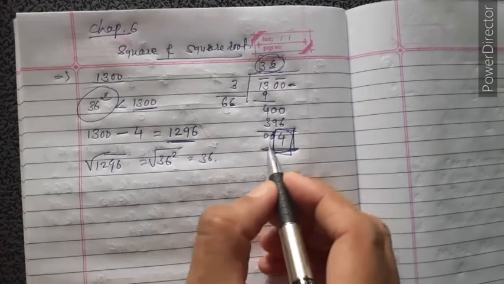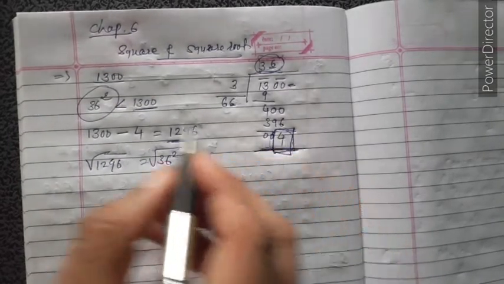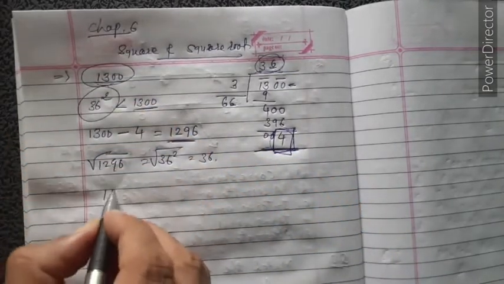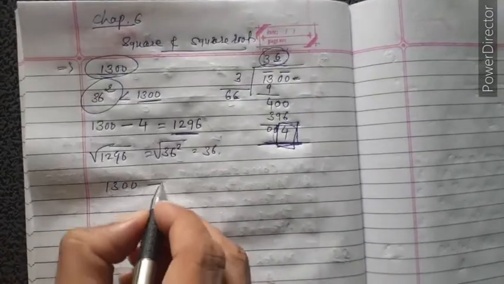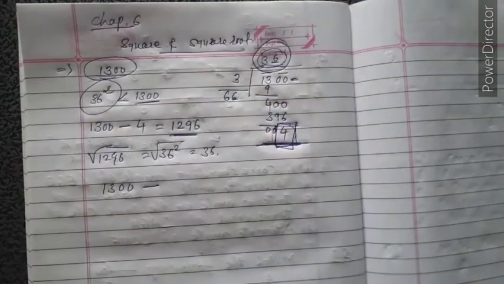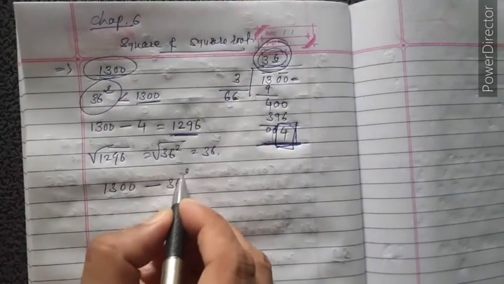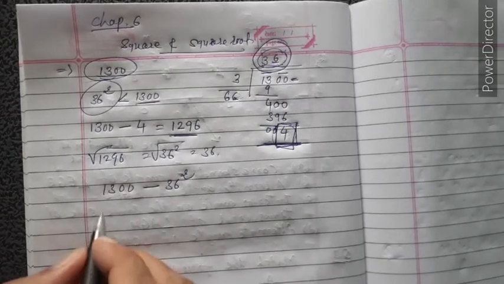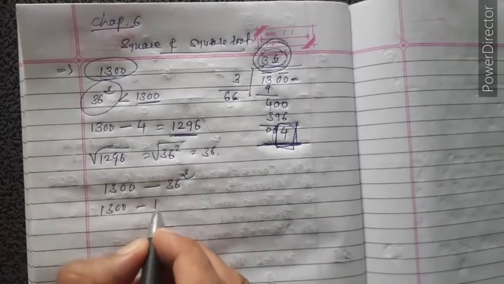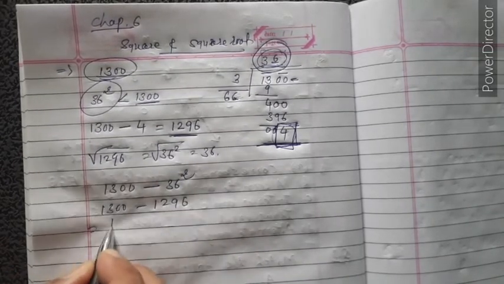If you don't understand this, what to do? Just write down 36, and 1300 minus the square of this number, 36 squared. So 1300 minus 1296 equals 4.